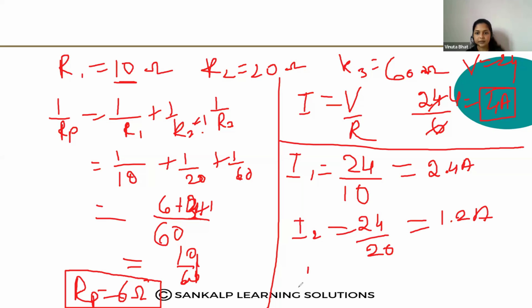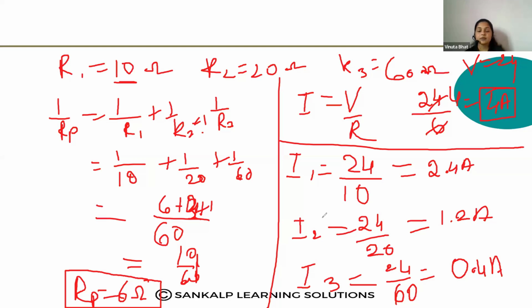What is the value of I3? That is 24 divided by 60. V is 24. 24 divided by 60 is equal to 0.4 ampere.